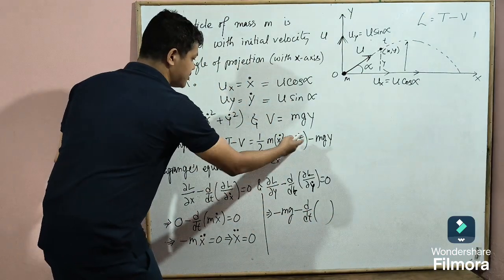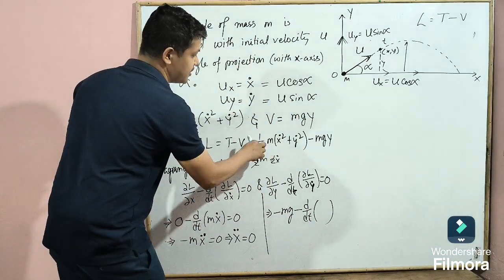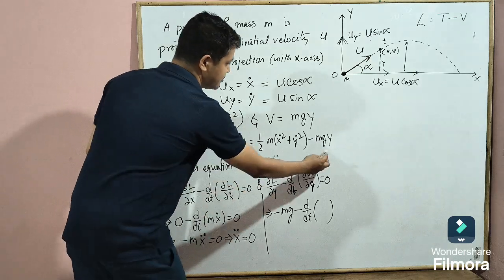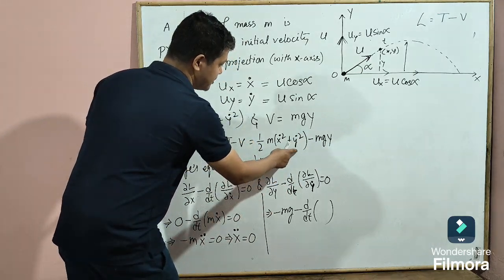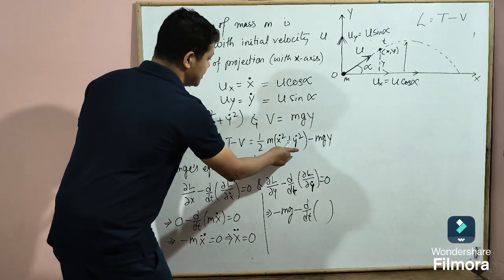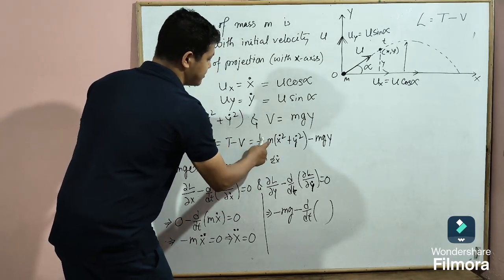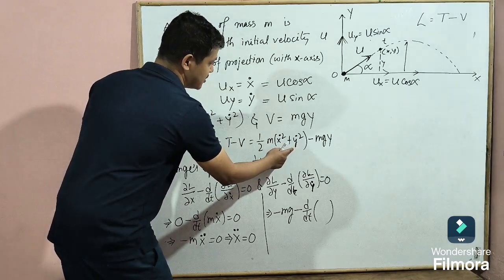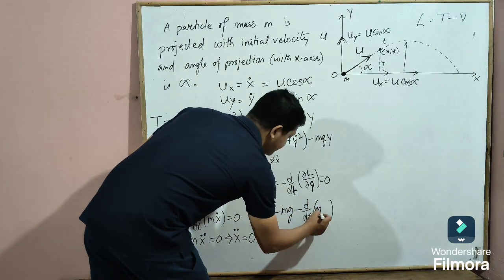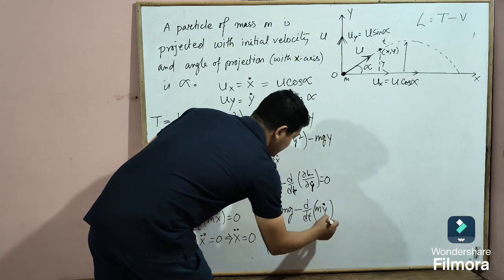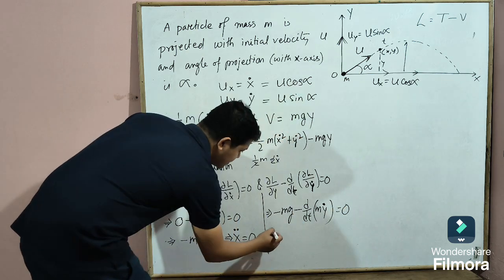If you differentiate with respect to y dot, then x dot should be considered a constant, and y should be considered a constant. Differentiating partially with respect to y dot, it's going to be half m 2y dot, so the 2 will be cancelled. So again here we're going to have m y dot is equal to 0.